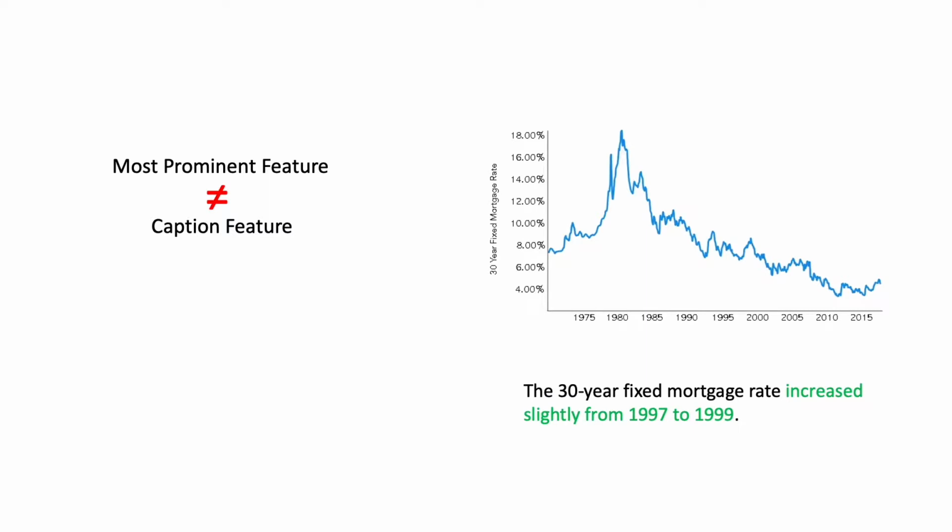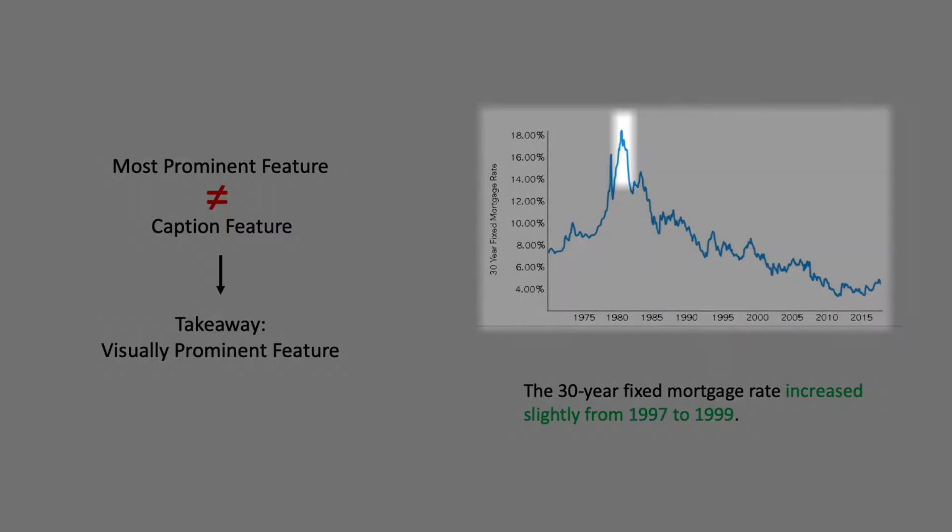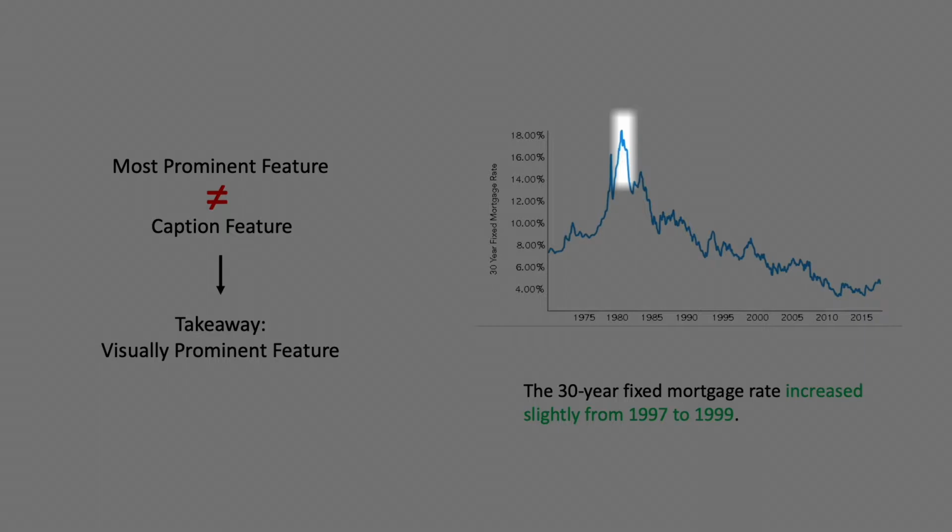On the contrary, when the caption does not describe the most prominent feature, as in our second caption describing the small increase, readers tend to rely more on the chart and will report takeaways based on the visually prominent chart features. In the example, people rely more on the chart and still focus on the visually prominent peak instead of the rise mentioned in the caption.